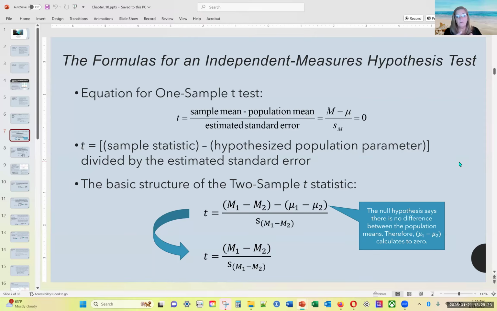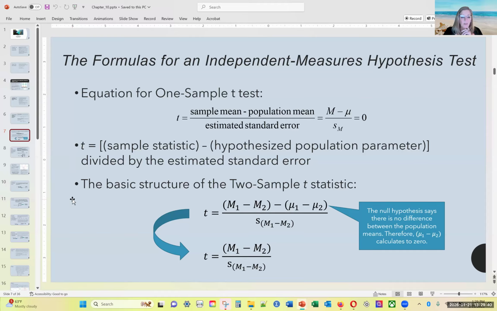The equation for a one sample test was the mean from your sample minus the mean from the population divided by the estimated standard error. And for the null hypothesis, that would equal 0.